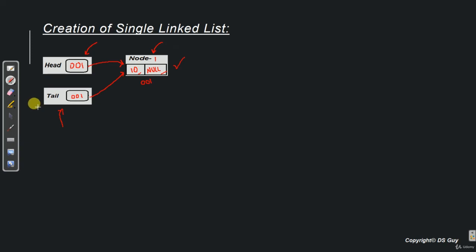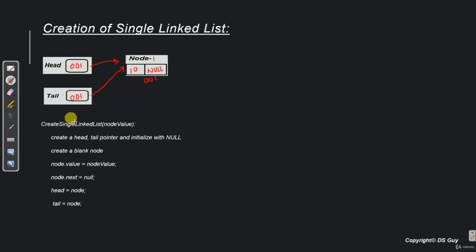Now let's see what the algorithm of this looks like. The name of the method is create single linked list, and it takes as an argument the value that needs to be stored in the node. Then the first step is we create a head and a tail pointer and initialize them with null.